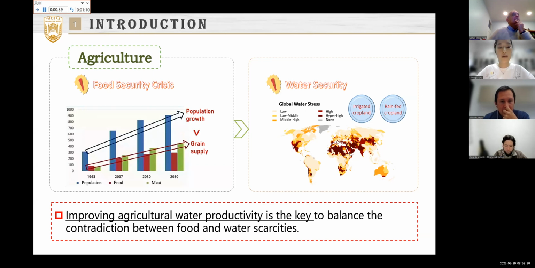Drought is considered a critical factor that affects the sustainability of agriculture, with about 70% of available water used for irrigation. So above all, improving agricultural water productivity is the key to balance the contradiction between food and water scarcities.